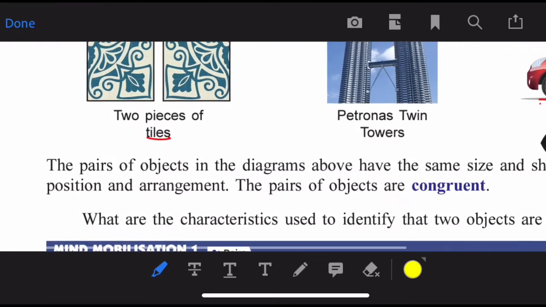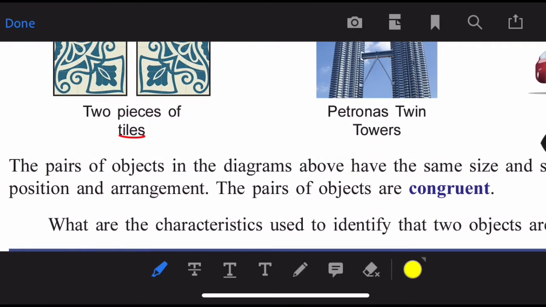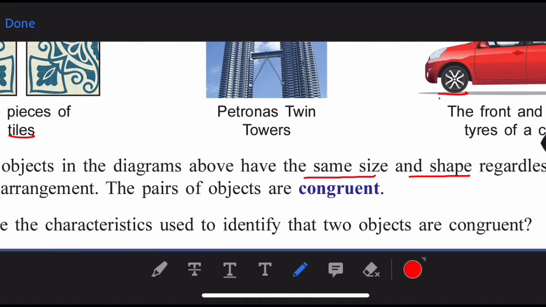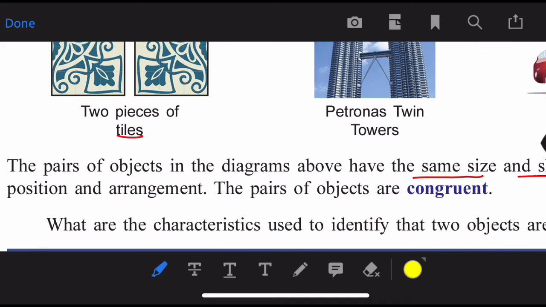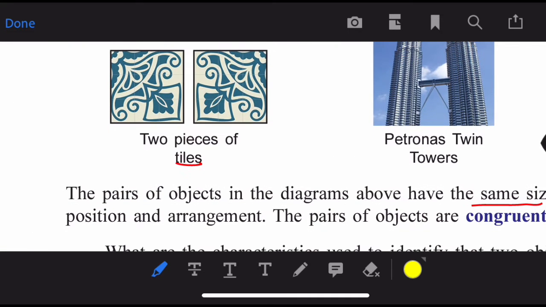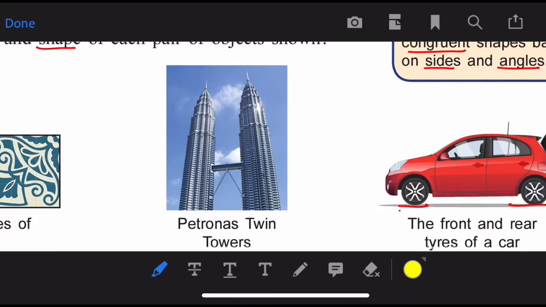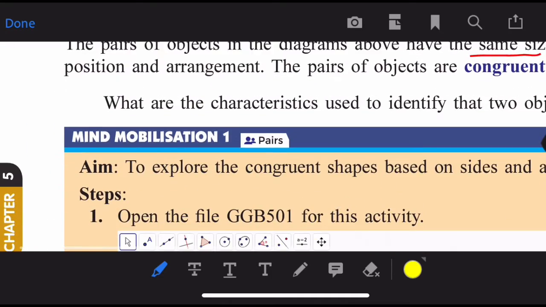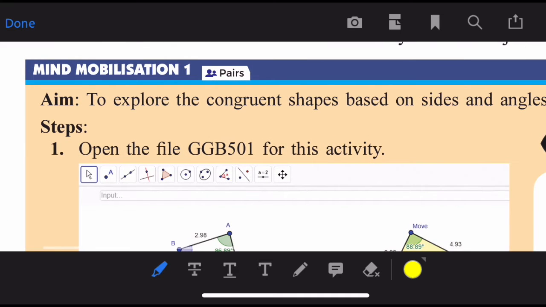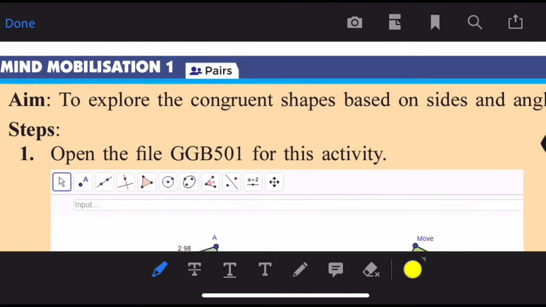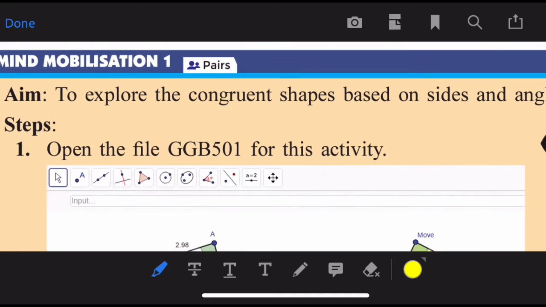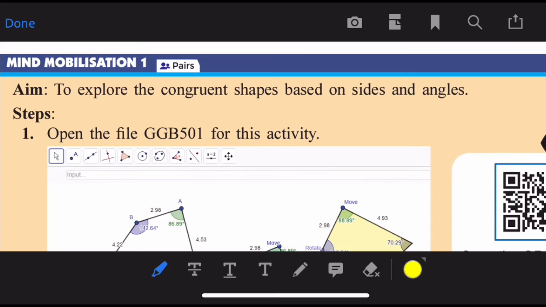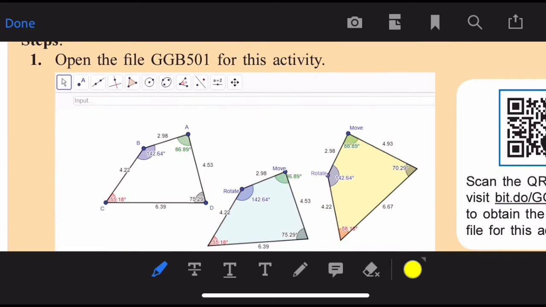The pairs of objects in the diagram above have the same size and shape regardless of their position and arrangement. So the pairs of objects are congruent. So let's continue. Mind mobilization. You have to do it in pairs, right? To explore congruent shapes based on size and angle.